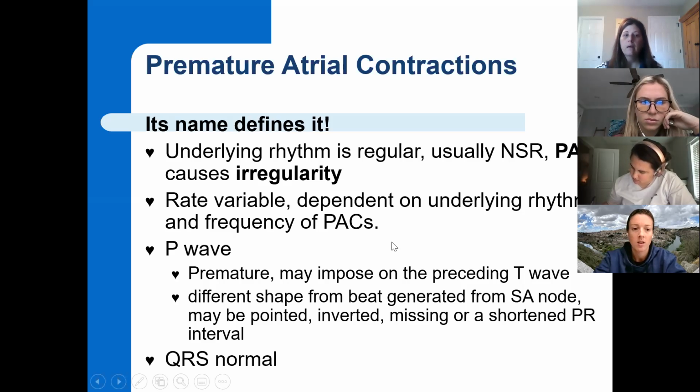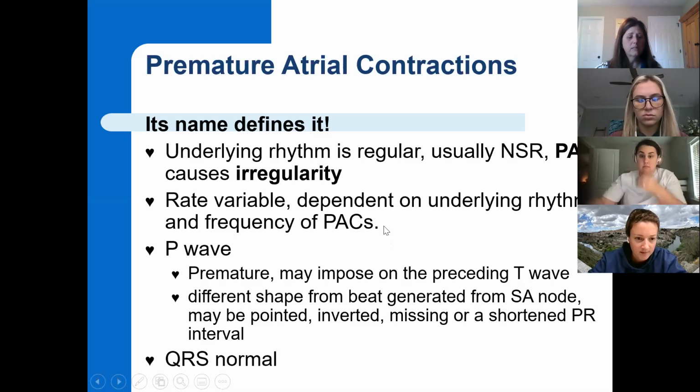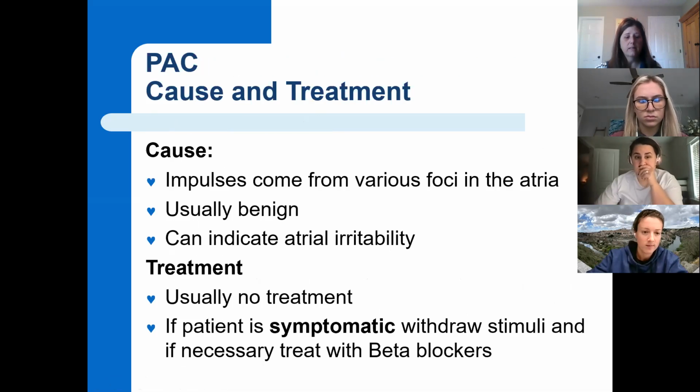Okay? And then if it's non-compensatory, the R in the complex before the PAC to the R in the complex after the PAC is going to be less than 2 times the R to R of the underlying rhythm. Okay? And this is in your book if you want to look at it a little bit more. I'm going to tell you some causes and treatments and stuff here, and then we're going to look at an example.